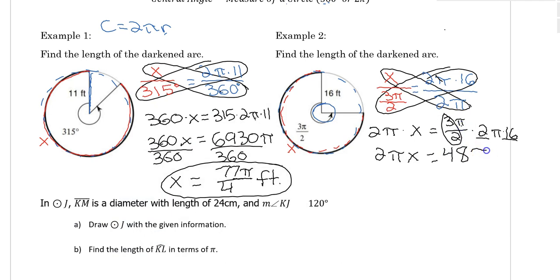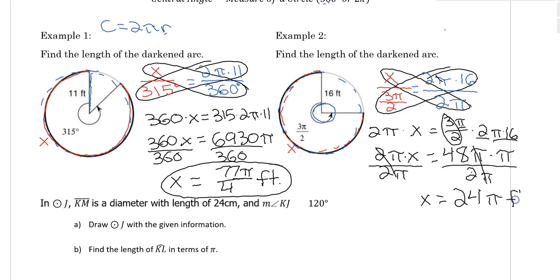I have a pi here and a pi here, 2 pi's coming in. Whatever is being multiplied by x, I just divide. 48 divided by 2 is 24. Then one of my pi's cancels out, and I am left with a pi. So 24 pi. Be careful when you are in radians because your pi's get discombobulated, there's a lot of pi's floating around. Just know you should still end up with 1 pi in your answer.